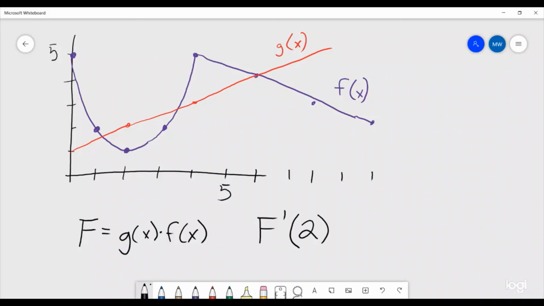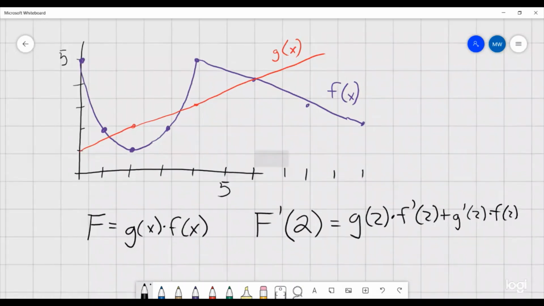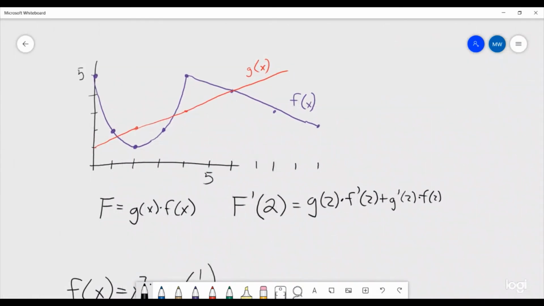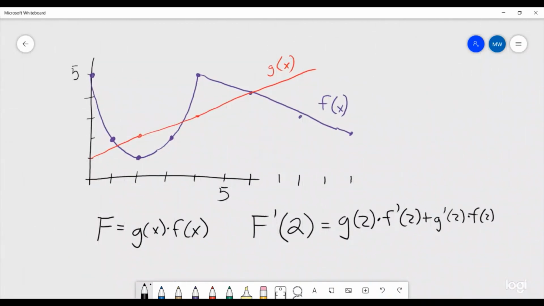Well, we know f prime of 2 from the product rule is going to be first times the derivative of the second, so g of 2 times the derivative of the second at 2, plus the second times the derivative of the first, so g prime of 2 times f of 2. All we need now is to know what these different values are at those different points.